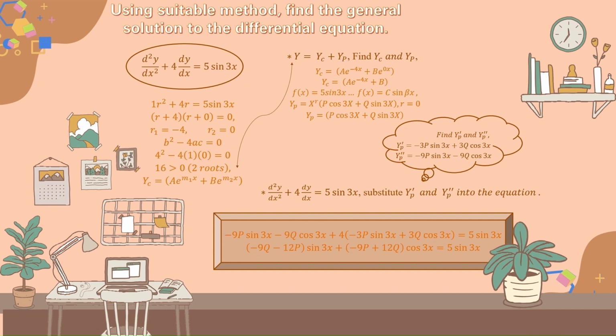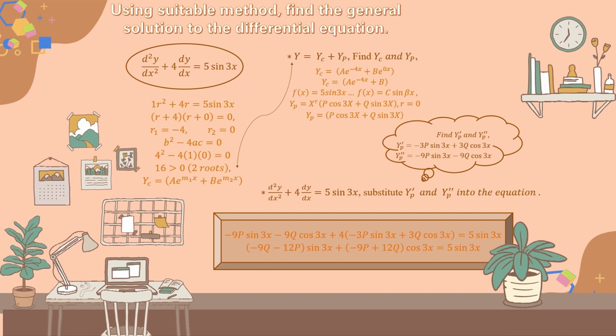We are going to substitute y, the first differentiation of yp and the second differentiation of yp, into the equation, where we will get negative 9p sin 3x minus 9q cos 3x plus 4 times (negative 3p sin 3x plus 3q cos 3x) equal to 5 sin 3x, where we can simplify by putting all the sin 3x on one side and cos 3x on one side, which will give us (negative 9q minus 12p) sin 3x plus (negative 9p plus 12q) cos 3x equal to 5 sin 3x.